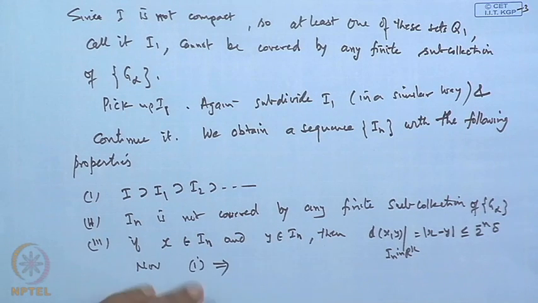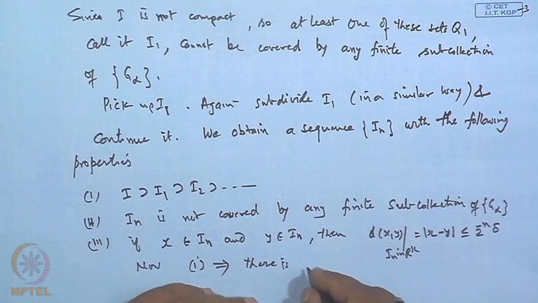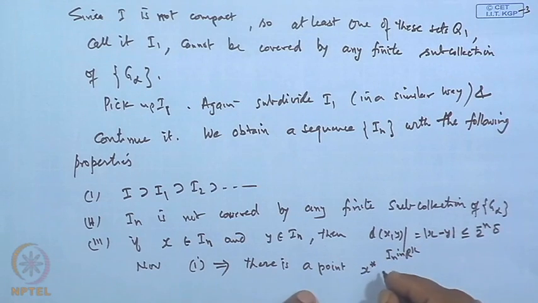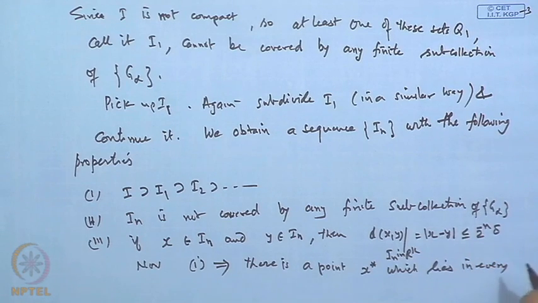Thus there is a point x star which lies in every I n. This follows from the results which we have already proved: if I 1 covers I 2 covers I n, and any finite collection of these has non-empty intersection, then the whole intersection is non-empty. Just now we have seen this for the I n's.